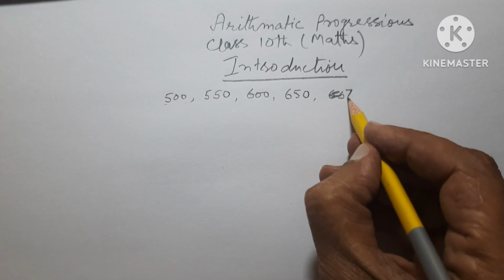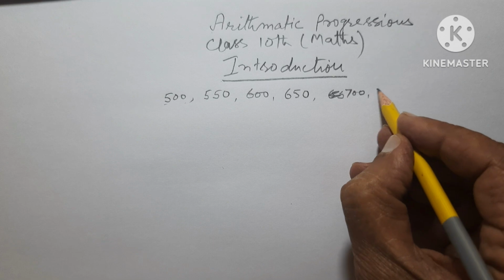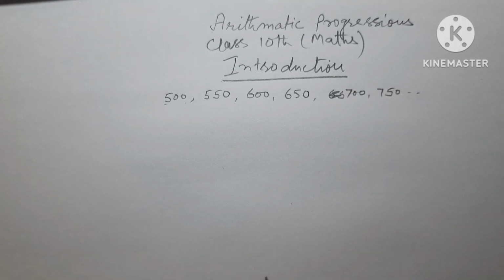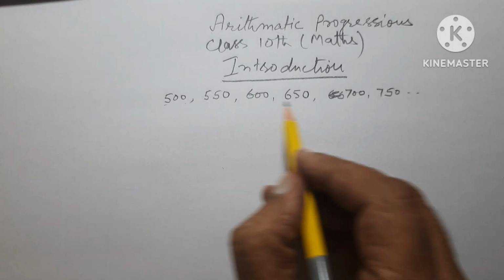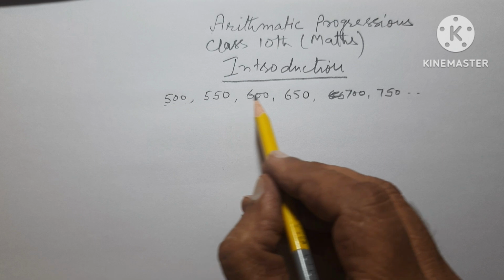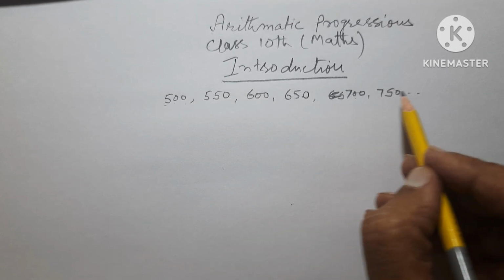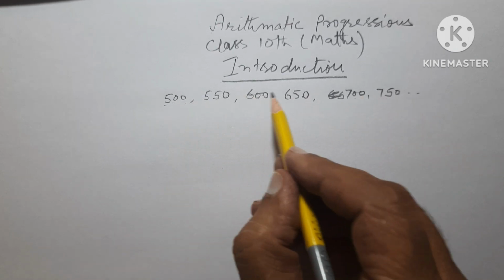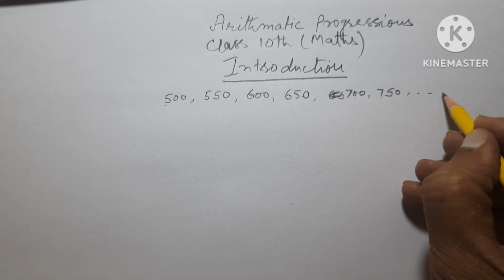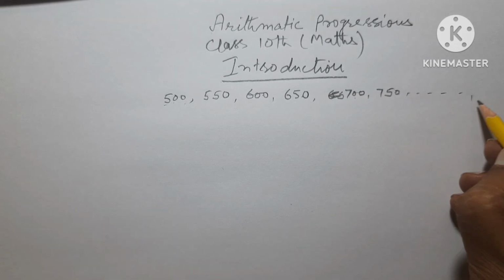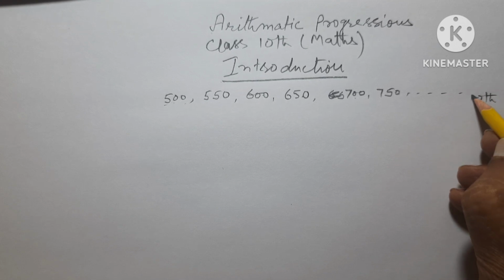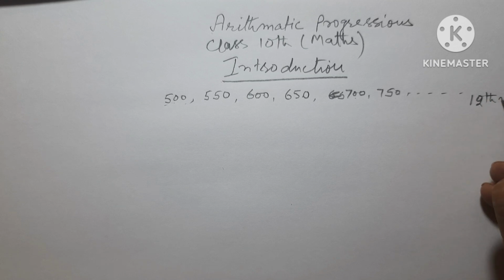You will get 700 rupees, then you will get 750 rupees, and so on. Suppose this promise is only for 10 months. You will get 500, 550, 600, 650, 700, 750, and it will continue up to the 12th month.